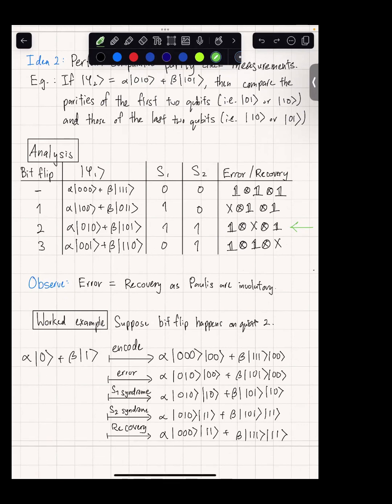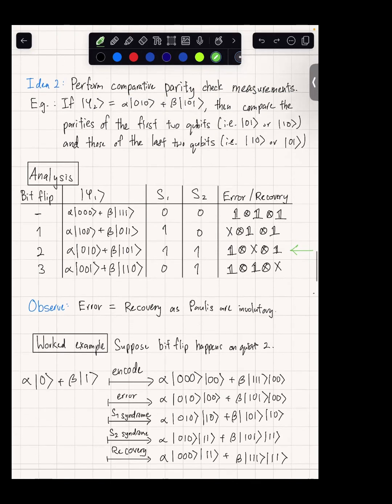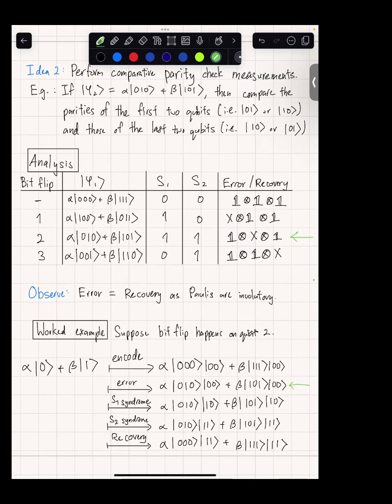We encode it into this state, alpha 000 plus beta 111. In this case, I'm writing out the last two ancilla qubits as well, because we'll use it later on in the recovery stage. Now, after encoding, we send it through the noisy channel. And since the second qubit is flipped, we end up with this state, alpha 010 plus beta 101.